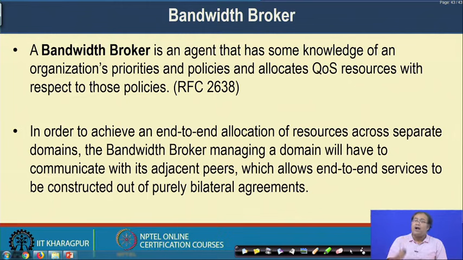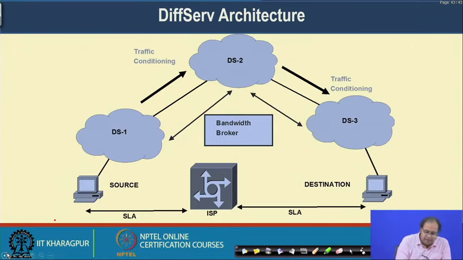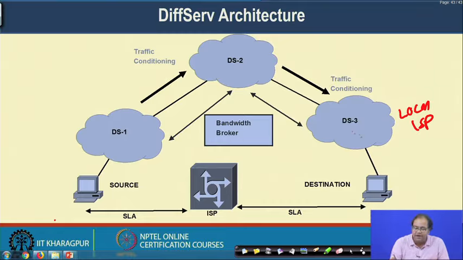And that is why we call it a best effort service and not a guaranteed service. Again, coming back to the previous picture, it may happen that this particular service domain or this particular local ISP does not have a peering relationship with this tier 1 ISP. So, it does not have any agreement with DS2 in terms of this quality of service.